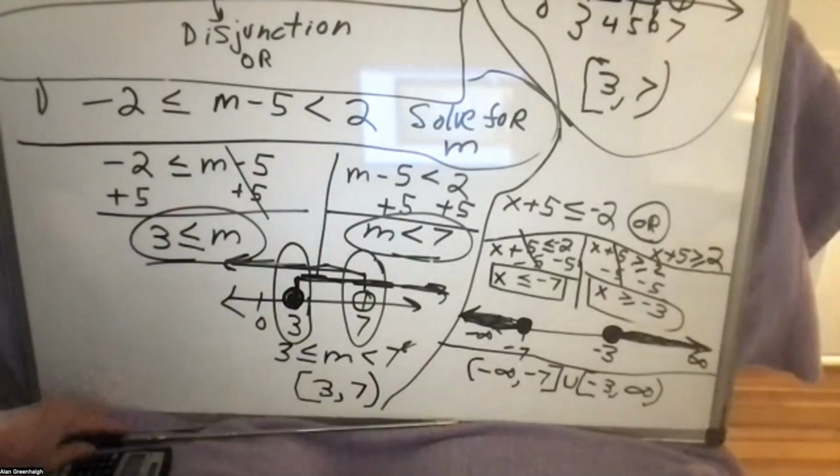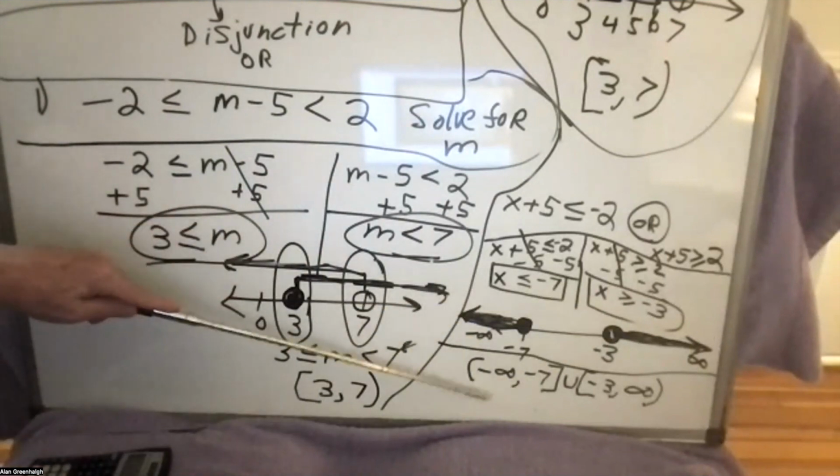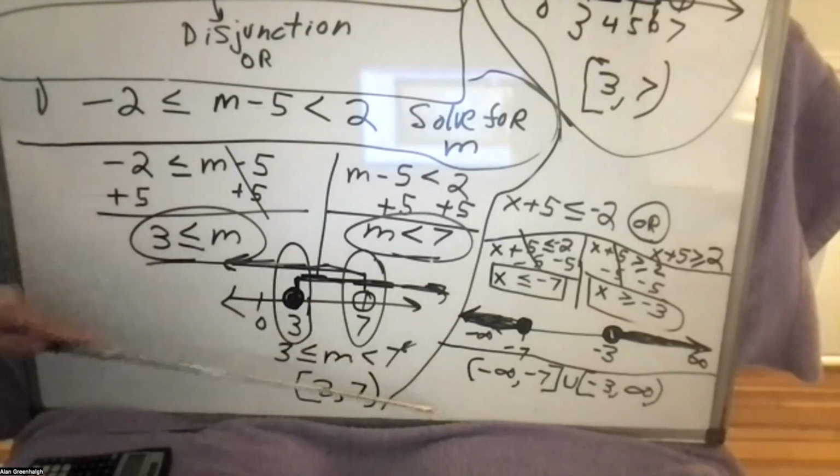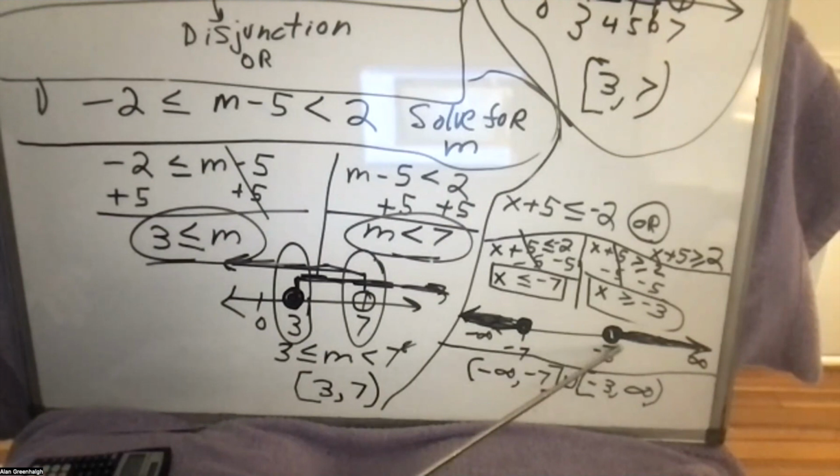I'm not as upset about that as I am about the question over here, because I like to think of mathematics as going from left to right. Here's the negative infinity, here's the -7, we're going in that direction, and then we pick it up again at -3 and go over there. Just please, if it's not too much difficulty, get used to this.